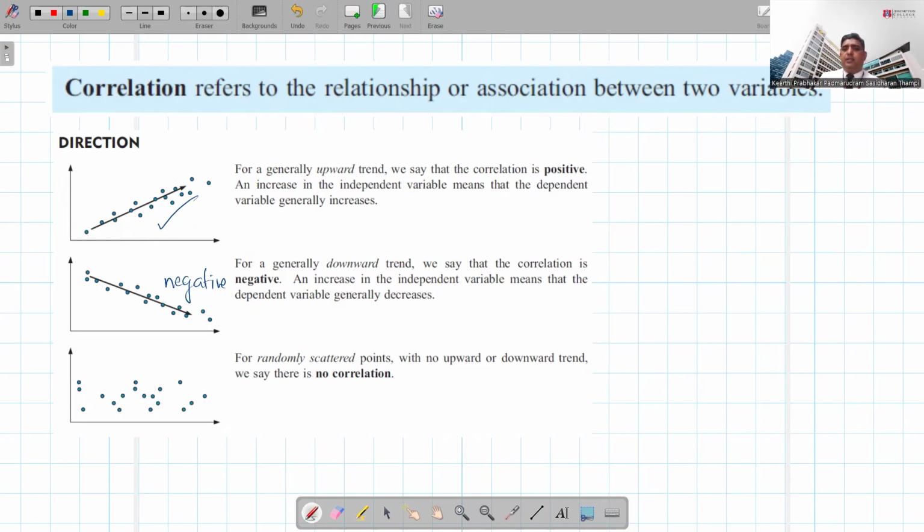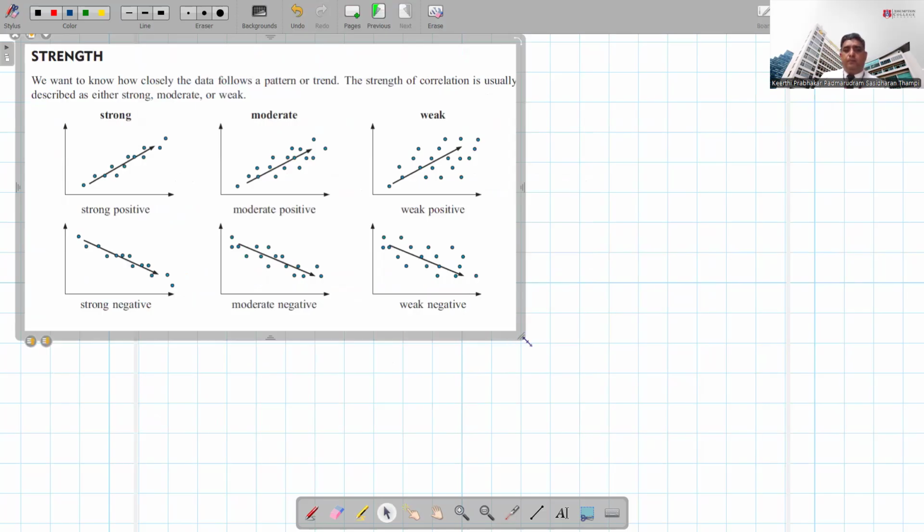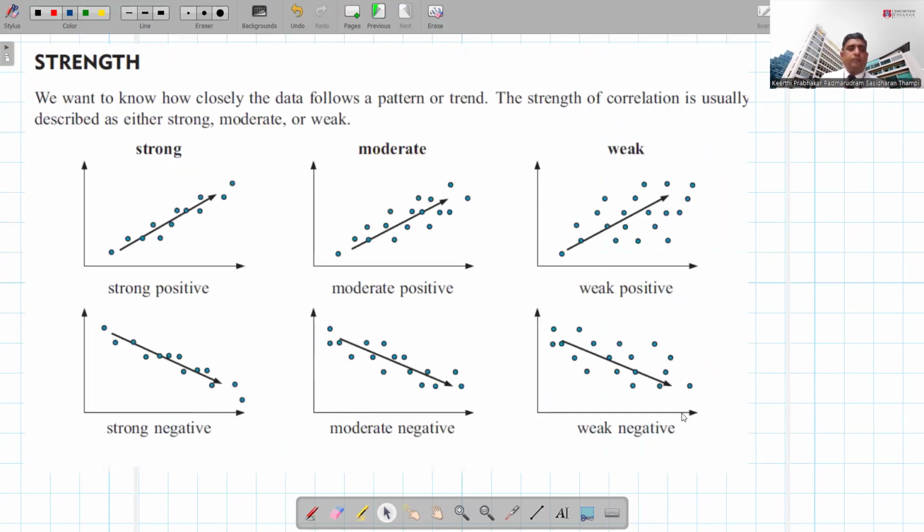Then we come to the strength of the correlation. When the points are clustered around the imaginary line, let me make it very clear for you, we don't draw this line when we are plotting the points.